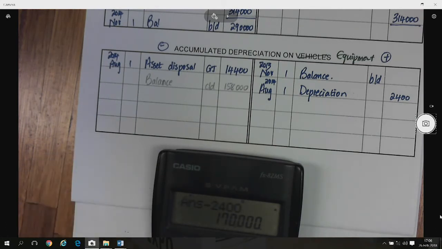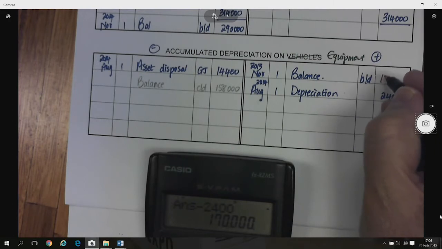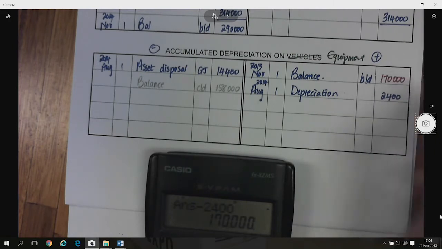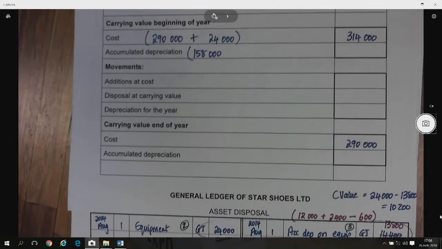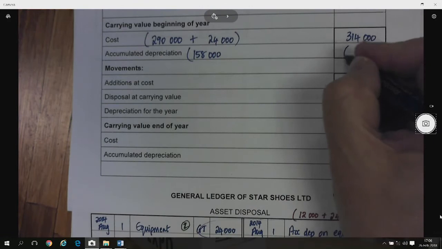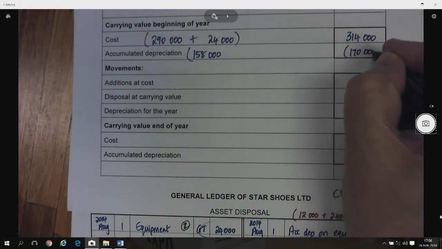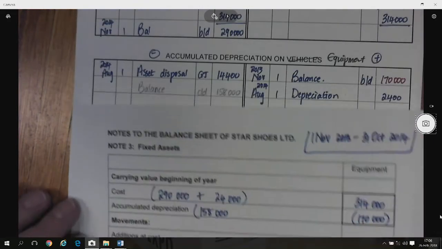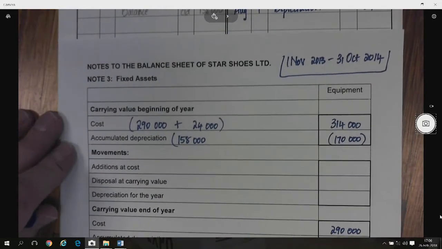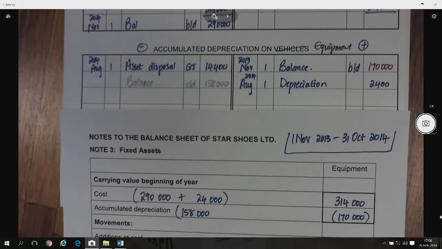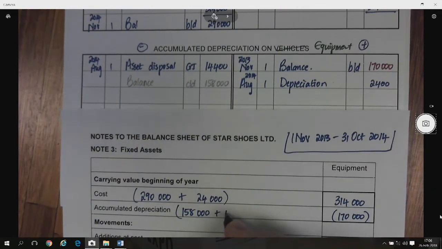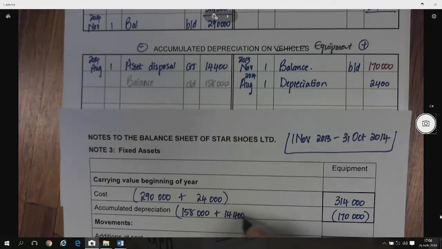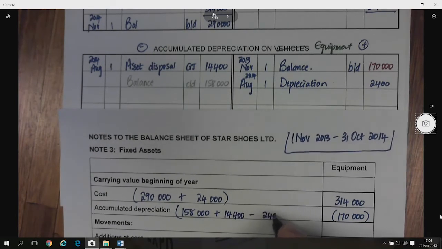That gives us an original balance of 170,000 Rand in the accumulated depreciation on equipment. So if we want to start there with 170,000, what will your bracket be? Just show your bracket. What did we do? We say plus 14,400 minus 2,400.